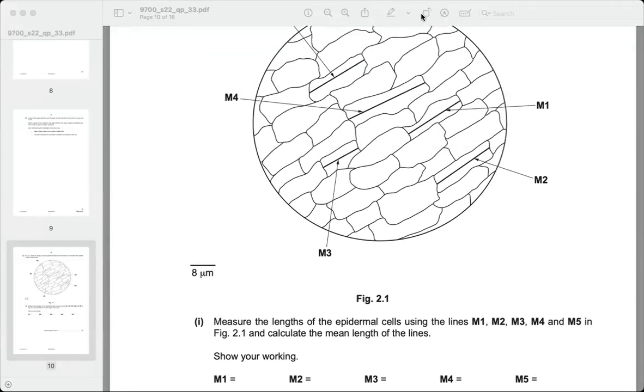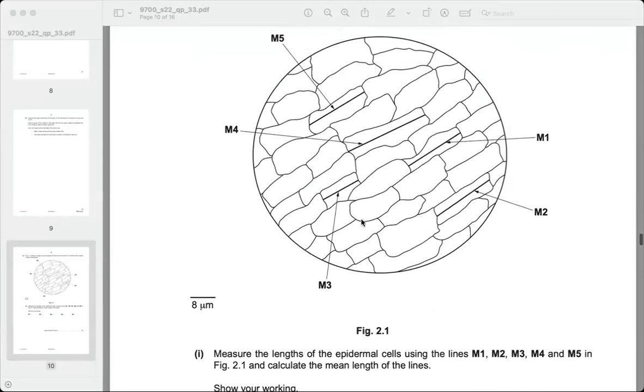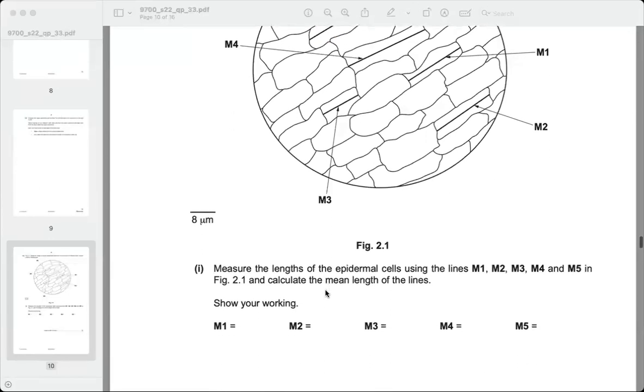So look at this figure which you have been given during the exams, take your scale and measure each one of them. As you measure each one of them, please make sure that you write the values at the bottom right here.